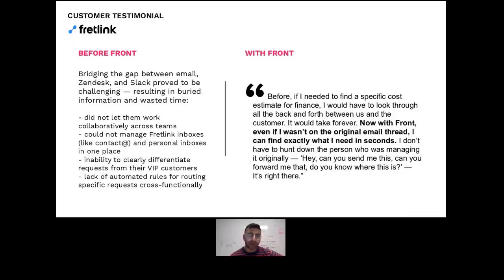FretLink, another customer, was using Zendesk, Slack, and email, a combination of the three tools. And now with Front, the bolded part of this quote: even if I wasn't on the original email thread, I can find exactly what I need in seconds. And I think that's the key, being able to find what you need, even if you aren't looped in or part of that conversation. If it's part of a shared inbox, you'll be able to surface it.